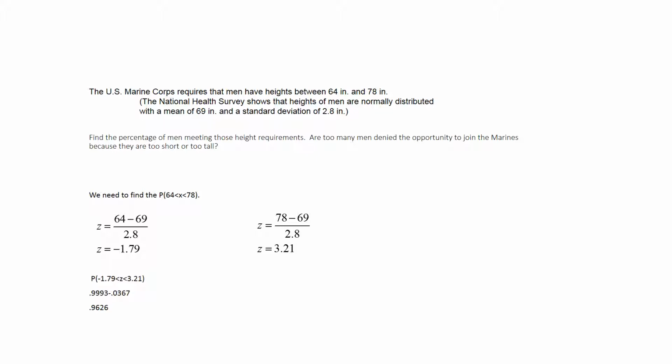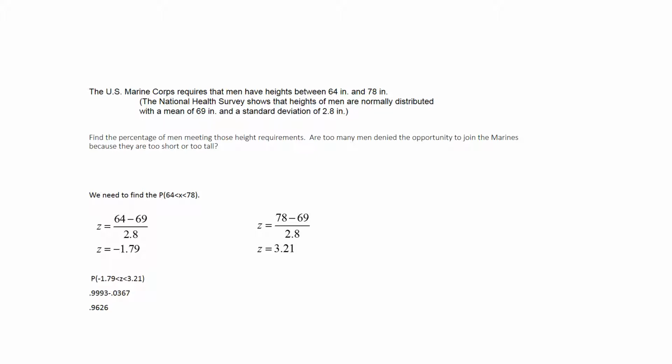The probability that z is between negative 1.79 and 3.21 is 0.9993 minus 0.0367, which equals 0.9626.